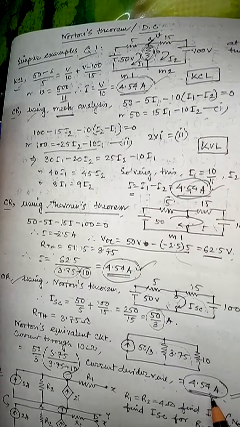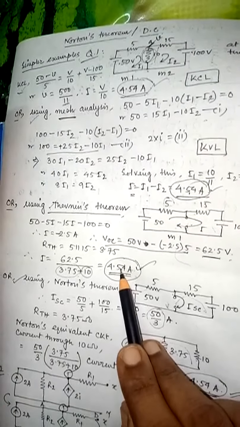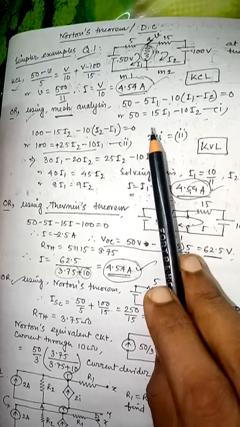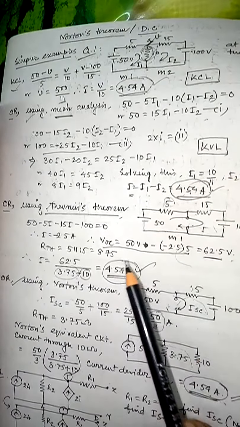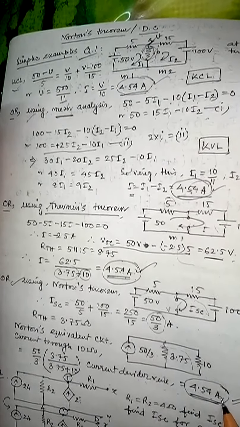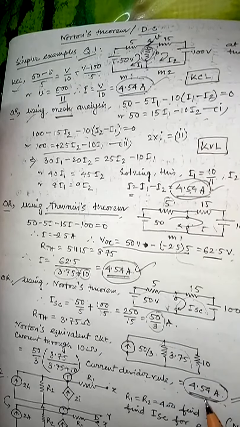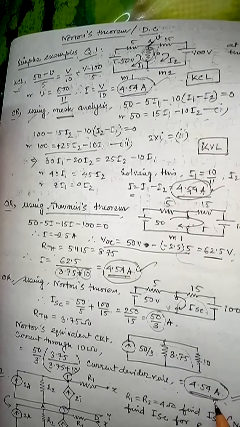So using Norton's theorem the answer is 4.54, using Thevenin's theorem the answer is 4.54, using KVL and KCL the answer is the same. You can see this one and this one and this one. So whatever your approach may be, Thevenin's, Norton's, superposition, anything else, whenever you are applying these, obviously the final current will be the same, it cannot be different.